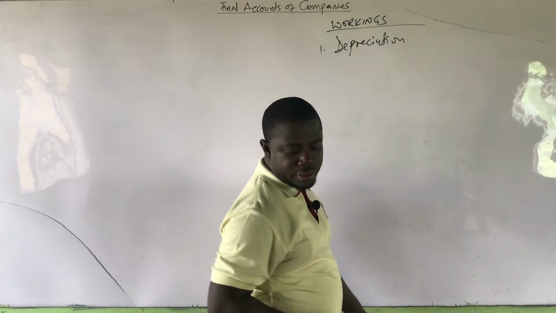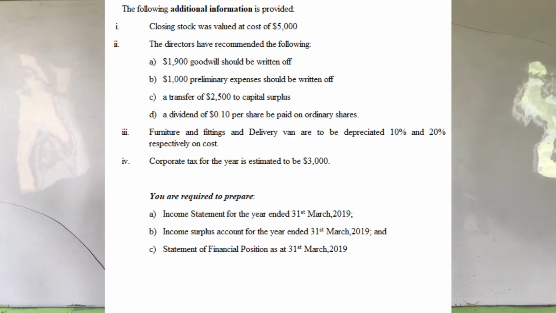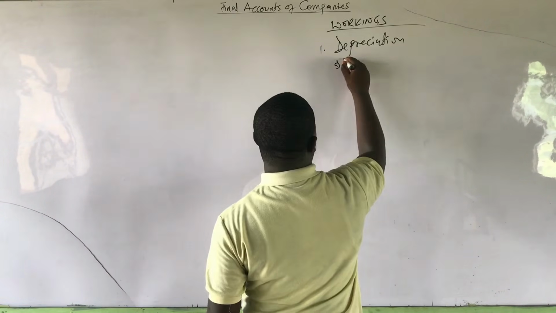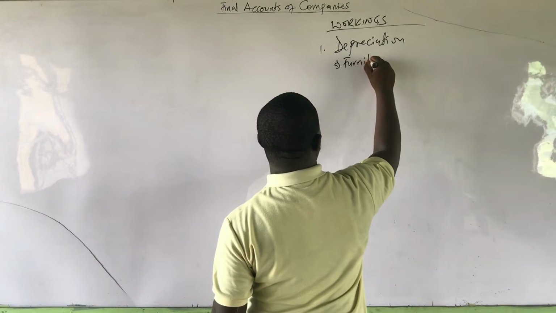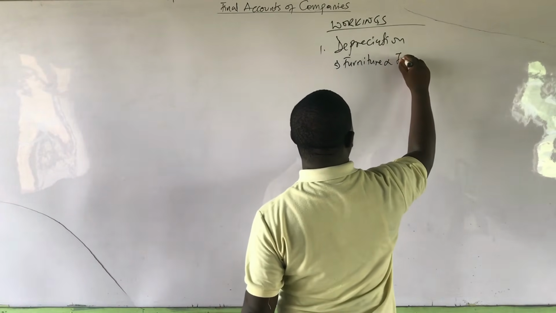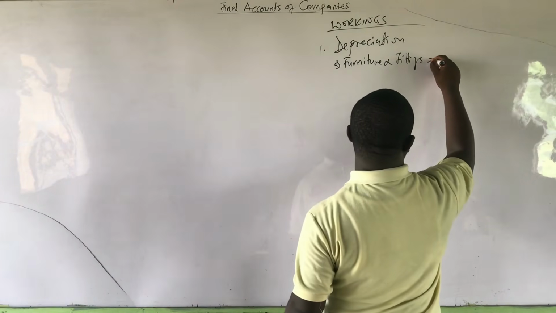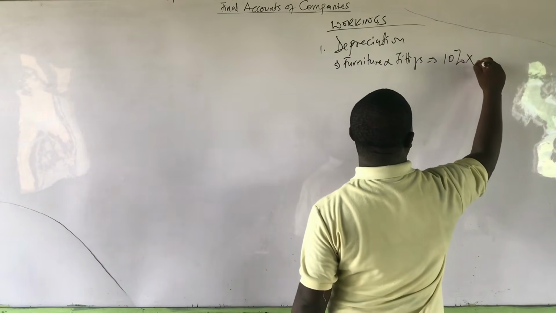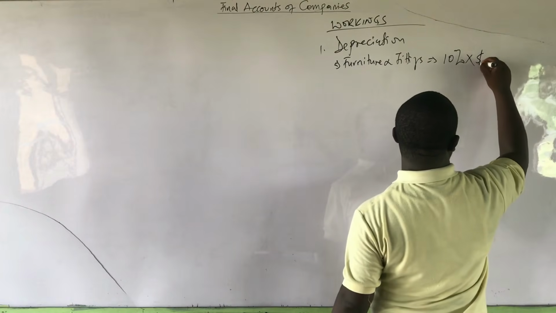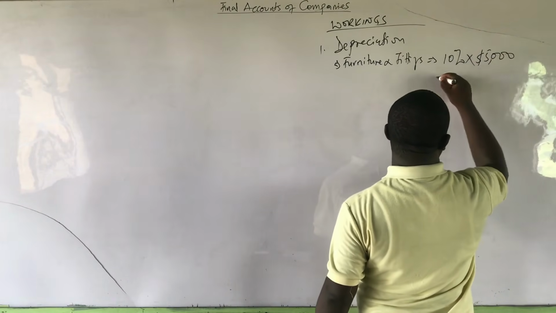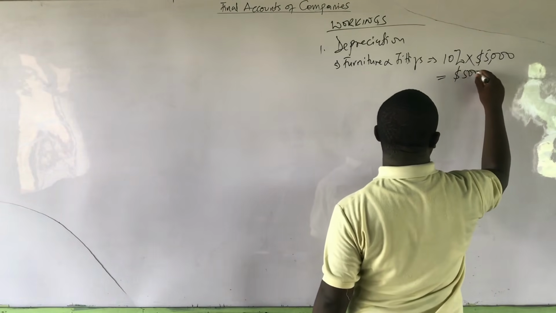And then we are supposed to calculate depreciation for two different assets, furniture and fittings, and then delivery van. Furniture and fittings is supposed to be 10% on the cost of $5,000, which is going to give us $500.